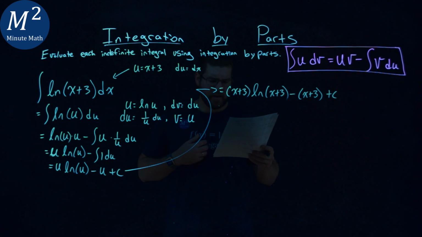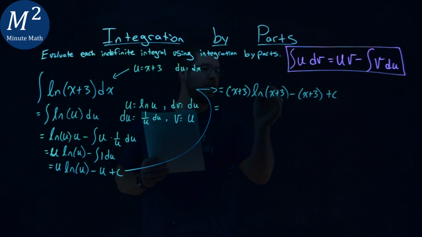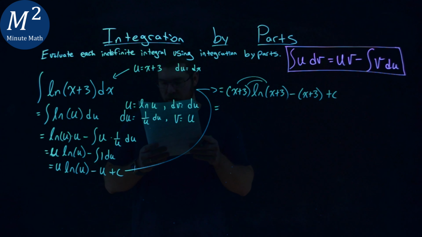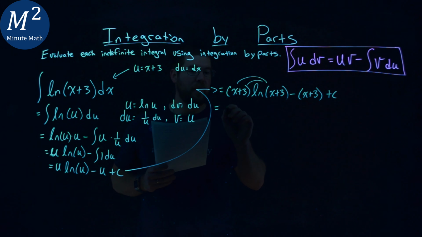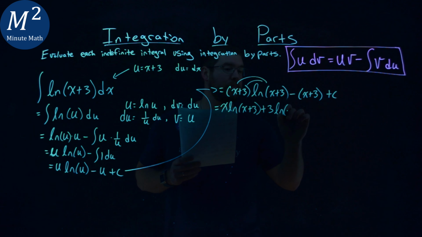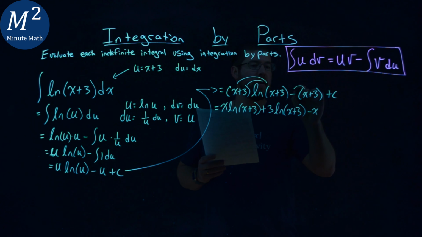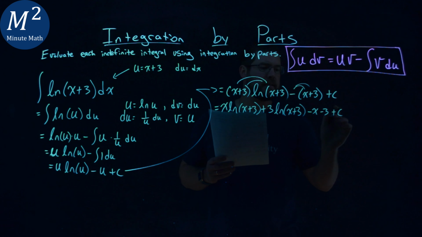Okay? Now I'm going to do some simplification here. I'm going to multiply this natural log of x plus 3 to both parts of the x plus 3 right there. So I have x natural log of x plus 3, plus 3 natural log of x plus 3. Then we have a minus x, distribute this out, minus 3 plus c.